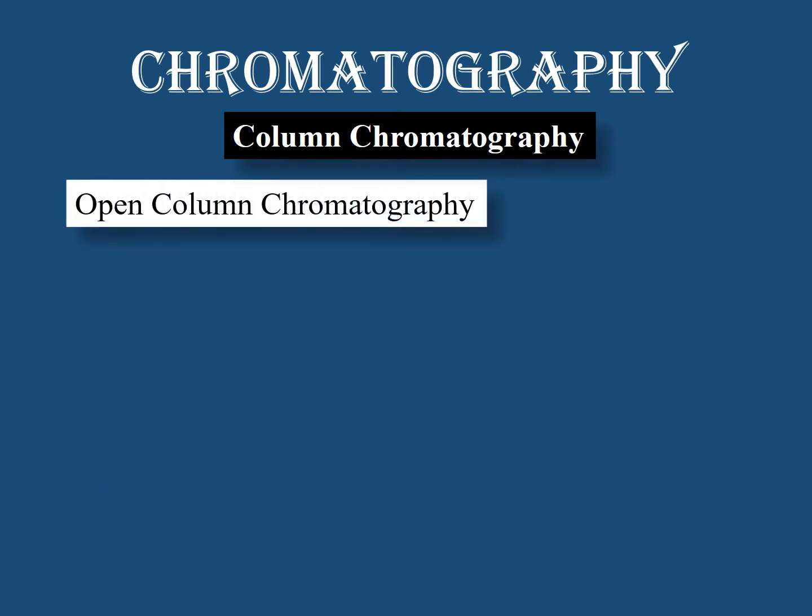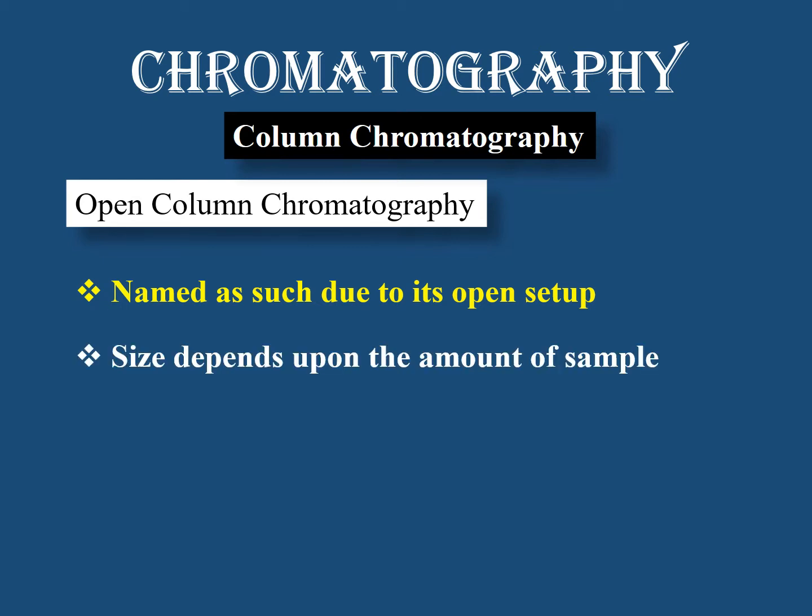So let's see what open column chromatography means. As the name indicates, this type of column chromatography is carried out in an open setup in the laboratory. The size of that column, which usually is a glass column, depends upon the amount of sample that we are going to load into that column, or you can say the amount of the mixture, the components of which we are going to separate.